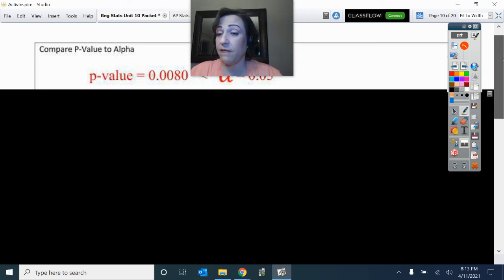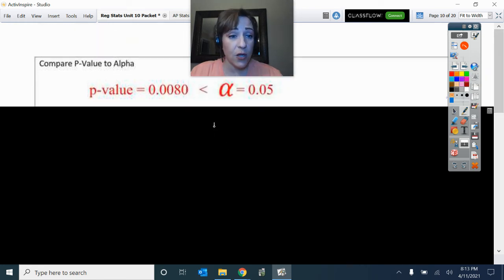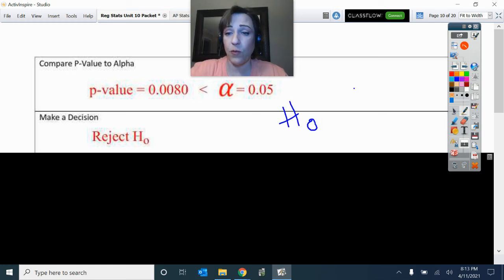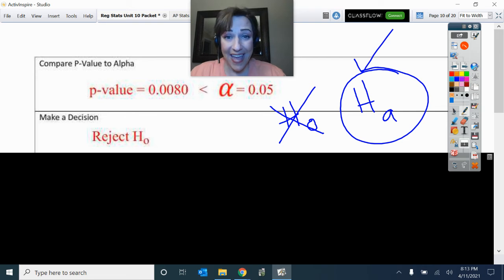So if that p-value is low, what decision will we make? The null hypothesis has to go. So we're going to reject H0. All right, so remember that if we have H0 and then we have our HA, if we reject H0, then we do have evidence to say HA is true.